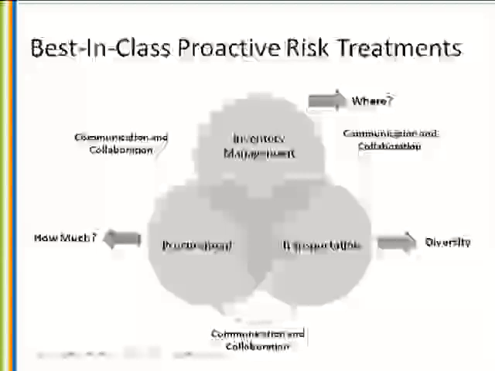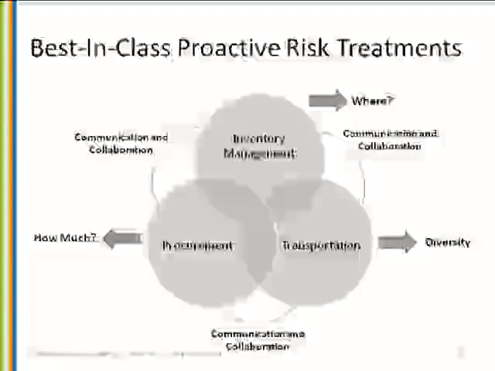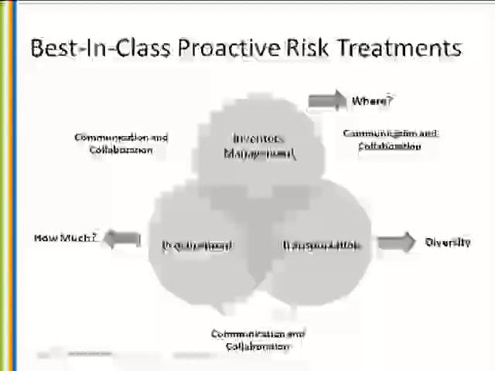Procurement, how much is acquired for the management of the supply chain? Essentially how much, what quantities, what level, and what's the approach to procurement, and how long does that take to go through the procurement cycle?